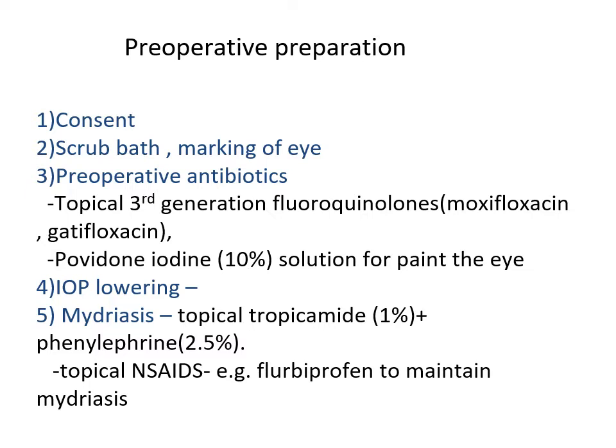Generally we use third generation fluoroquinolones like moxifloxacin or gatifloxacin. Also before the surgery we paint the eye with povidone iodine 10% solution. This causes disinfection. Then if IOP is high, we should use IOP lowering agents like acetazolamide or topical anti-glaucoma drugs.